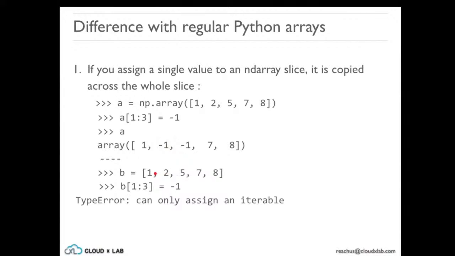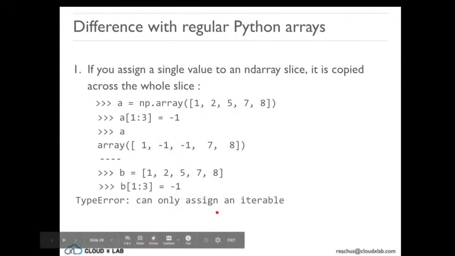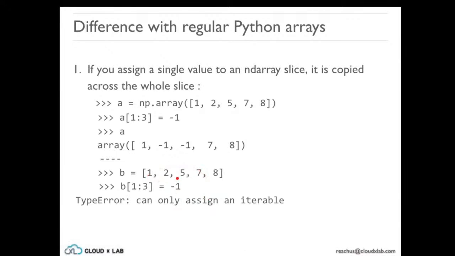But if I try the same thing with a Python list, it's not going to work, it's going to fail. We'll see this in the demonstration also. So this is one of the positive things for NumPy arrays. Besides being faster, it's more flexible. There are more things you can do with it.